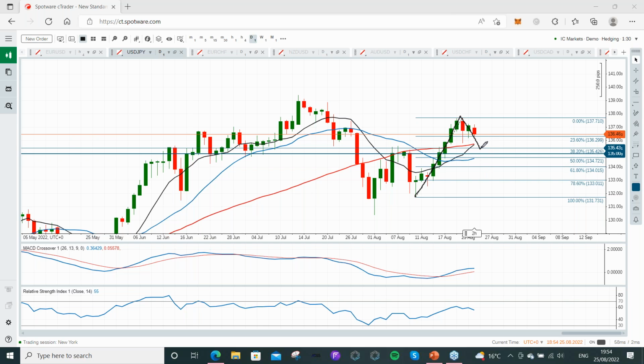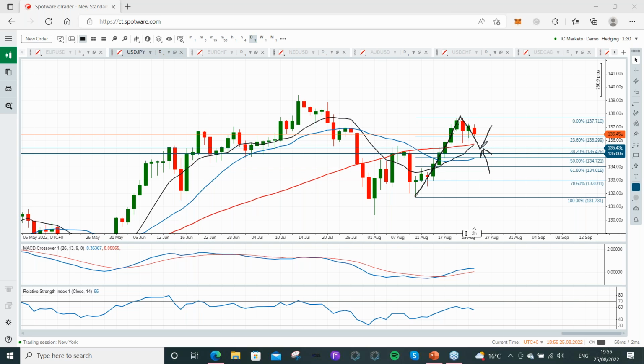So let's just, for argument's sake, say that the higher low forms here at the 38.2% level.